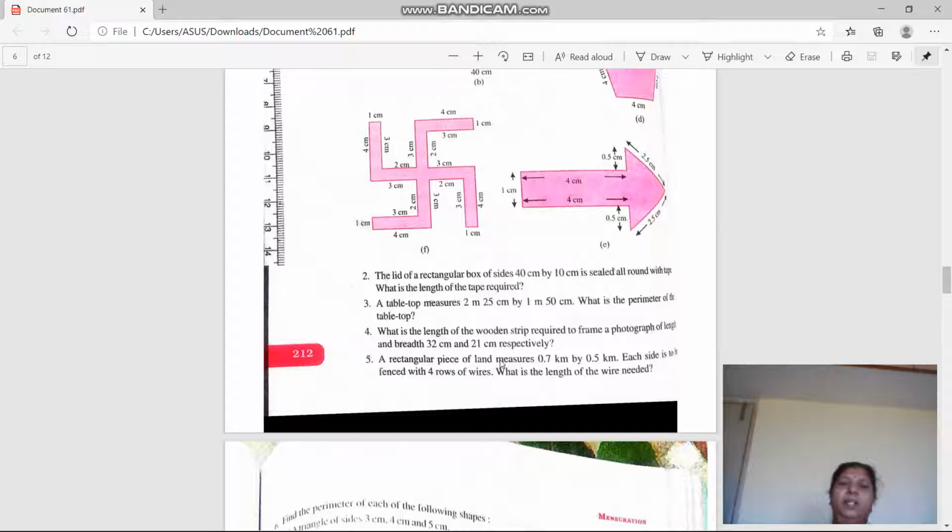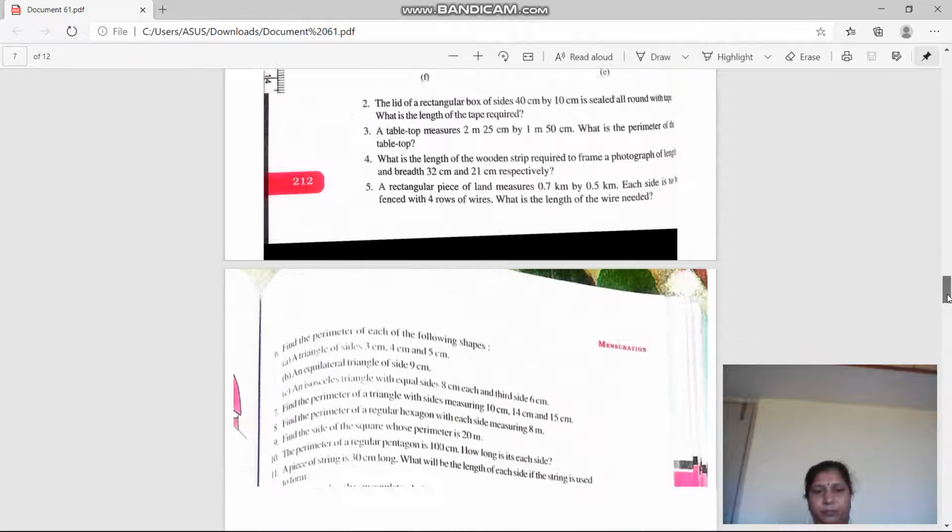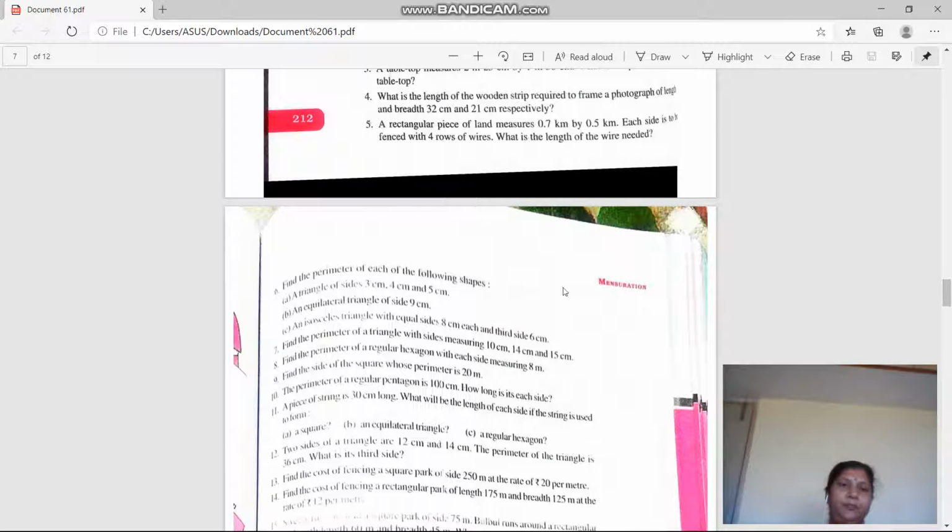In the fifth example you have to use different formulas. First, it is a triangle with all sides different, so the perimeter of a triangle is equal to the sum of all sides: 3 plus 4 plus 5. In example B it is an equilateral triangle, so the perimeter of an equilateral triangle is equal to 3 into side.